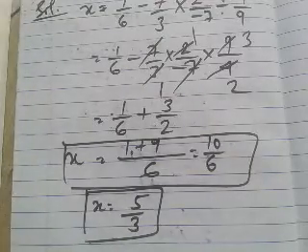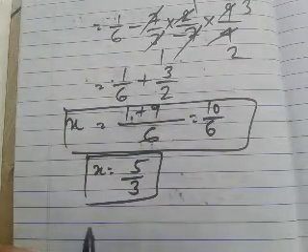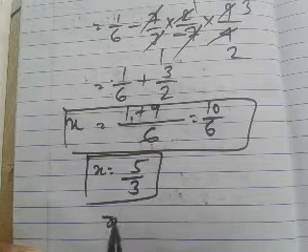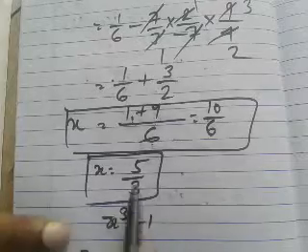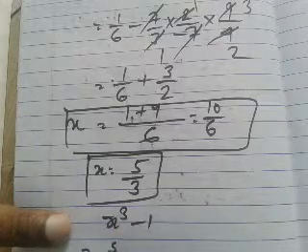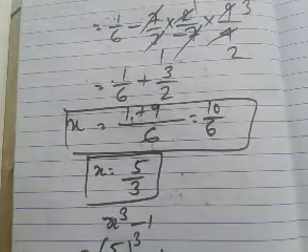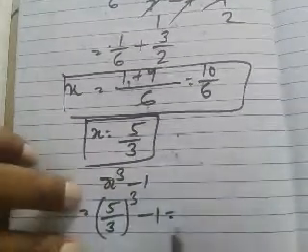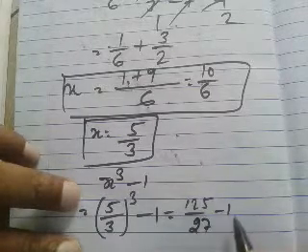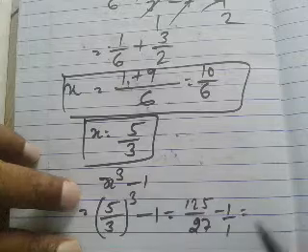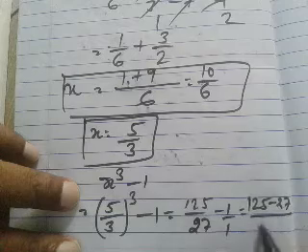But this is not the final answer for this question, because the question asks us to find the value of x cube minus 1. So put the value of x here, 5 upon 3 to the power 3 minus 1, and we will get 125 upon 27 minus 1, and after solving we will get 125 minus 27 upon 27.